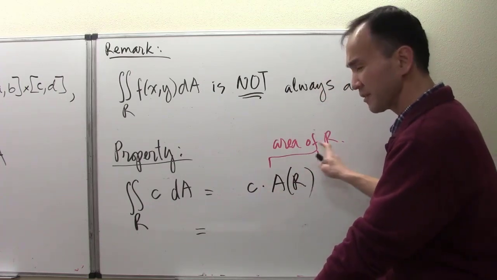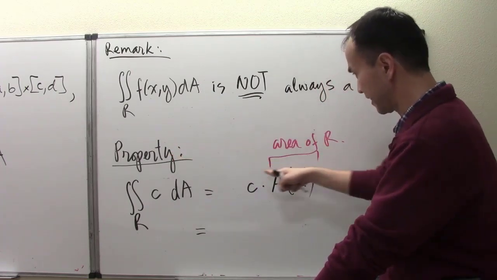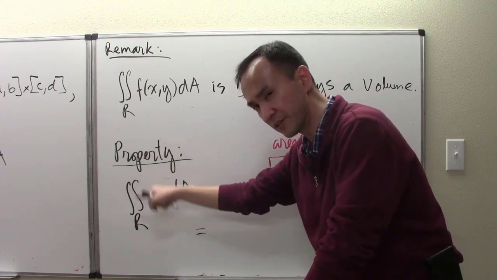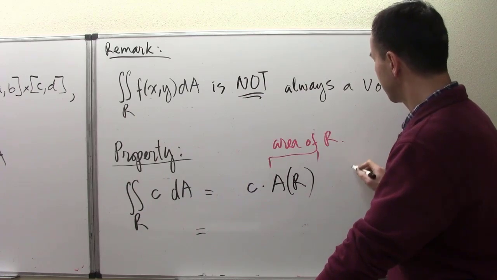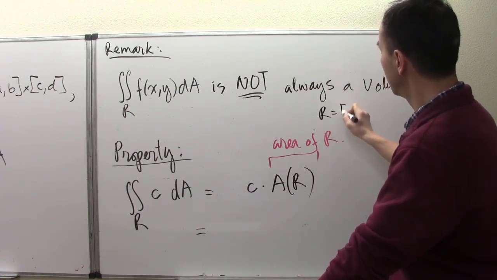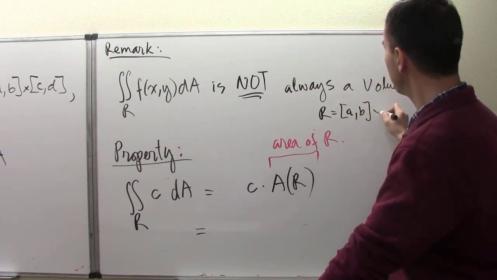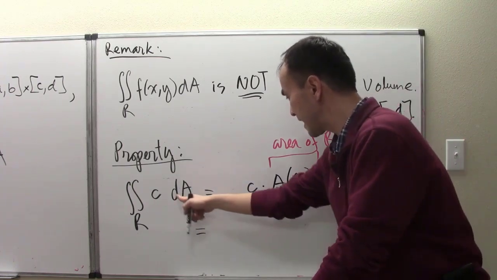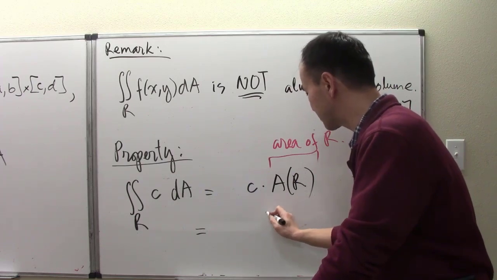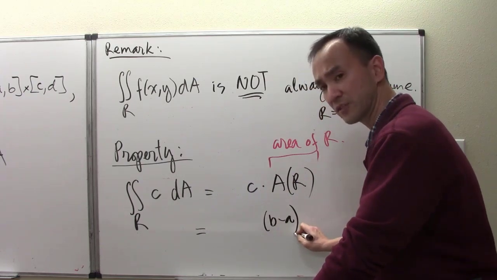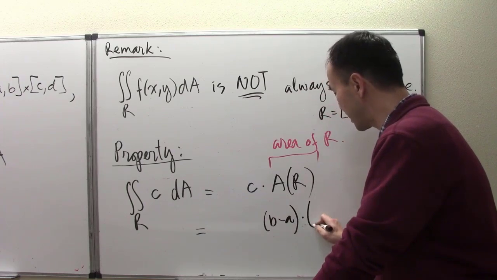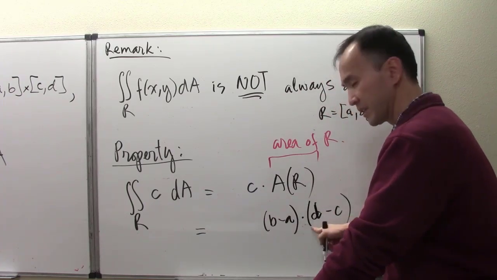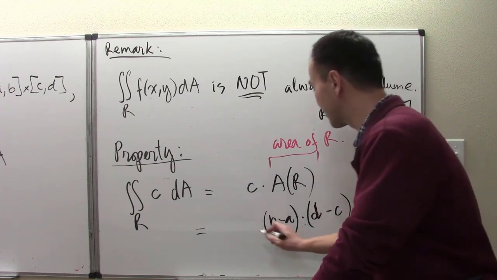Well, right now in our learning, we restricted our understanding to R being a rectangular region. Yes, R is [a, b] by [c, d], and so that area is the same as b minus a, the length in one dimension, multiplied with d minus c, the length in the other dimension, times the constant c.